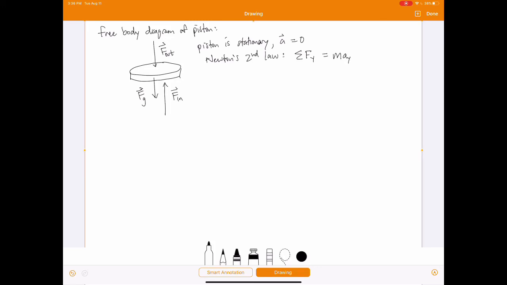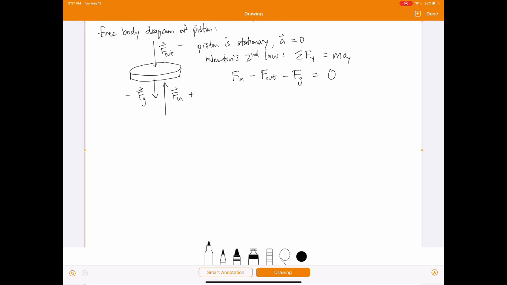So what forces do we have? Well, we have the force from the air inside the piston pushing up. That'll be considered a positive force because it's going up. We have two downward forces, which both will carry a negative sign, again, because they're in the opposite direction. So we have F in minus F out minus Fg. That's how we sum up the forces. And what we should get is 0, because again, there's no acceleration.